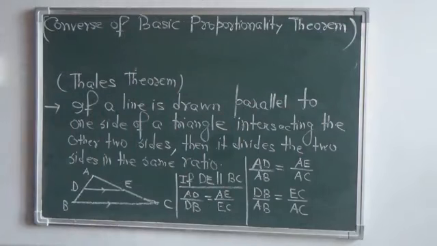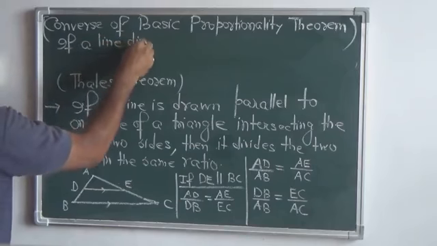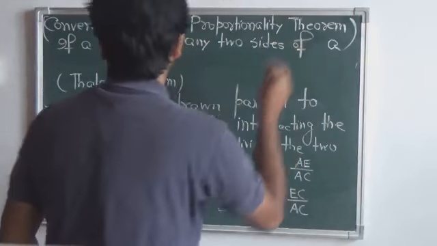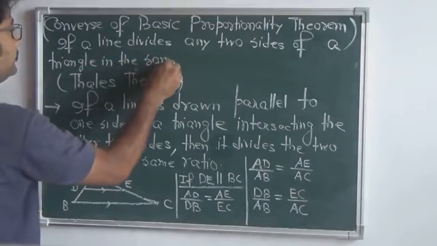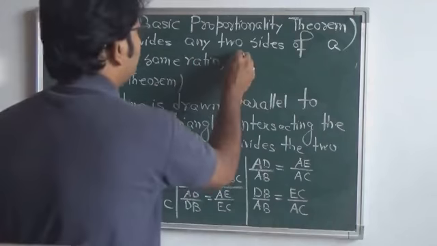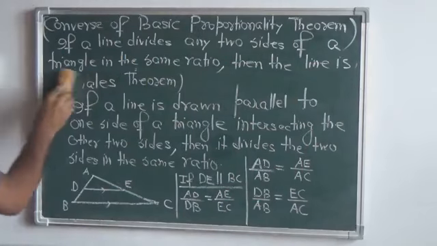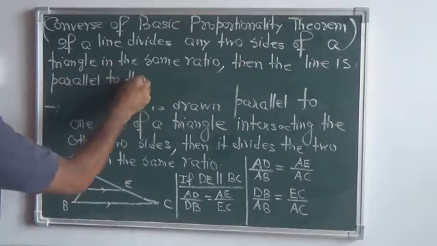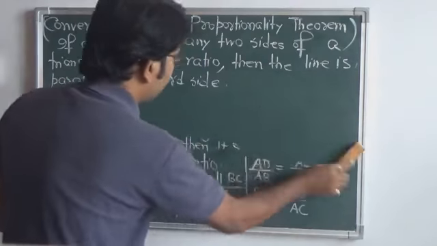Converse of basic proportionality theorem, it says if a line divides any two sides of a triangle in the same ratio, then the line is parallel to the third side. So this is the converse.